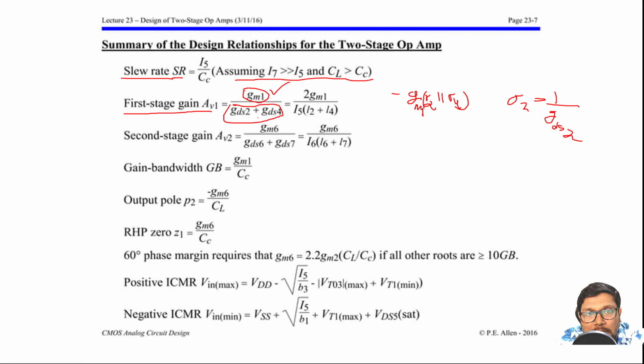So if you go through this one, this GDS2 is lambda. Okay, you can see it is lambda effect. So lambda ID. So if you take this current, I5 is the current. So lambda ID, so this I5 by 2, see this current in both sides.